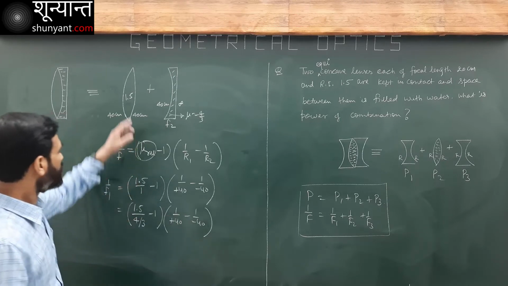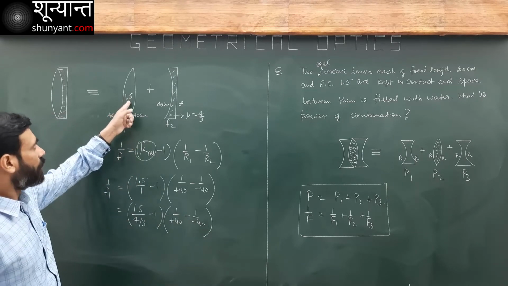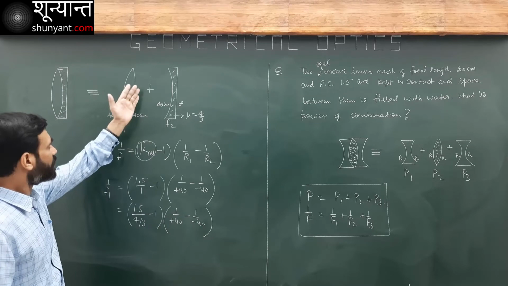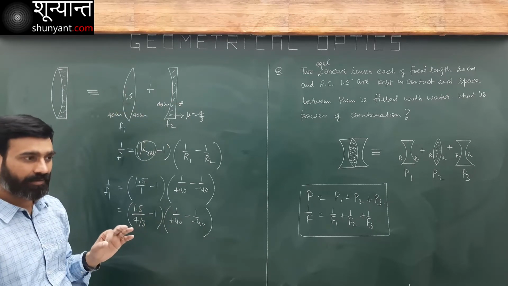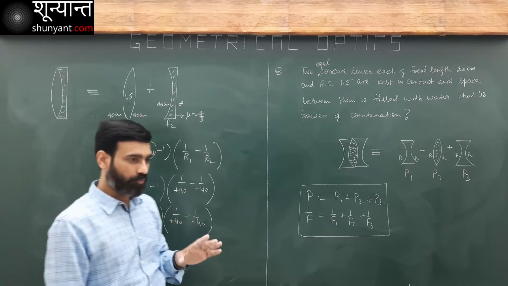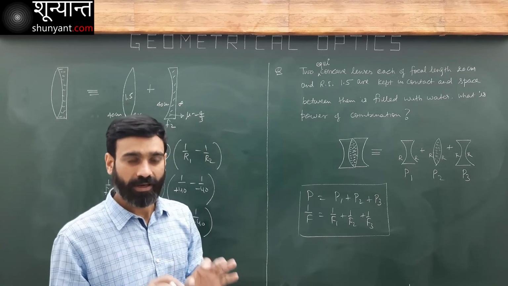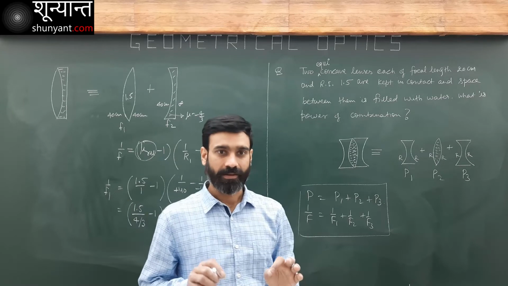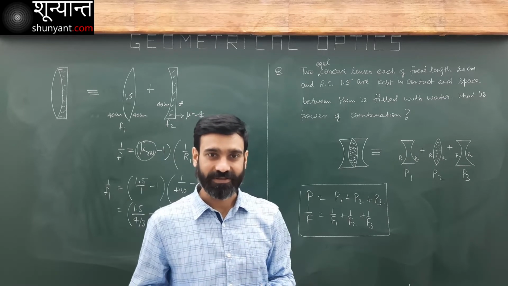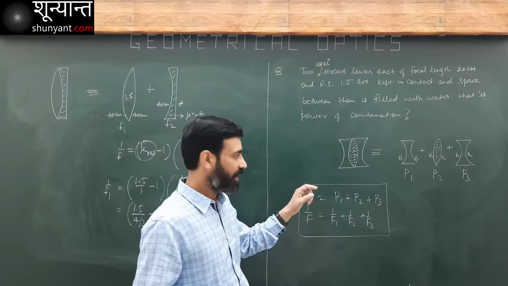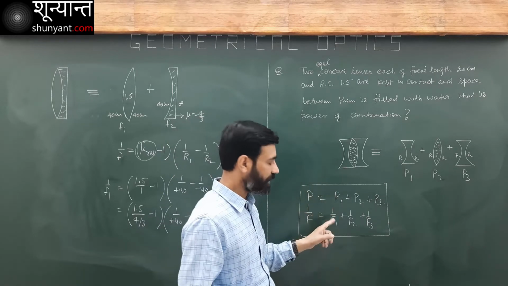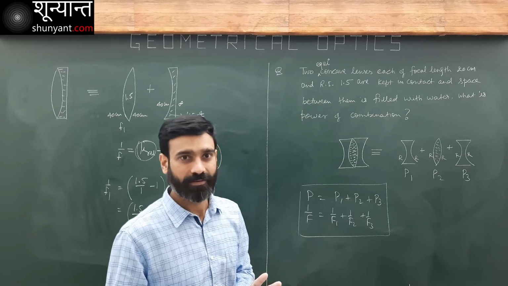Because if you consider this lens, on one side there is air, on the other side there is water. What should I write? So here there is a very concrete, unambiguous rule. You have to make it unambiguous. When you are writing this, you have to calculate power and focal length in air.